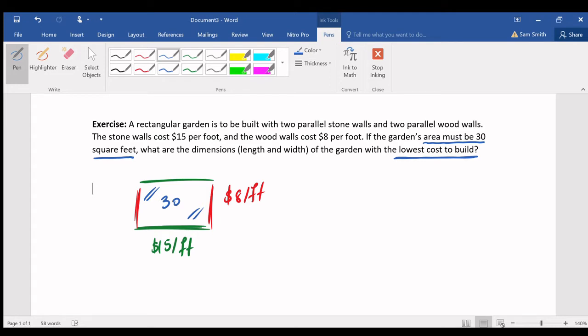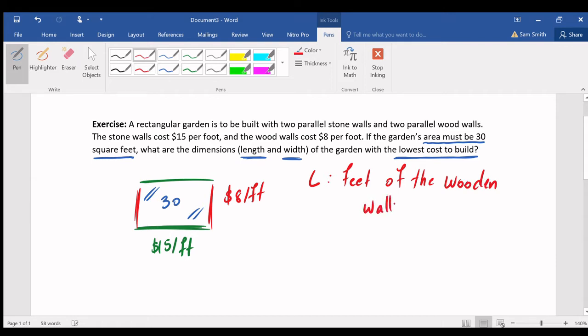Alright, so to begin with, I typically will go in and assign some variables to the unknown quantities that this question is looking for. So let me call L the feet, the length of the wooden walls.